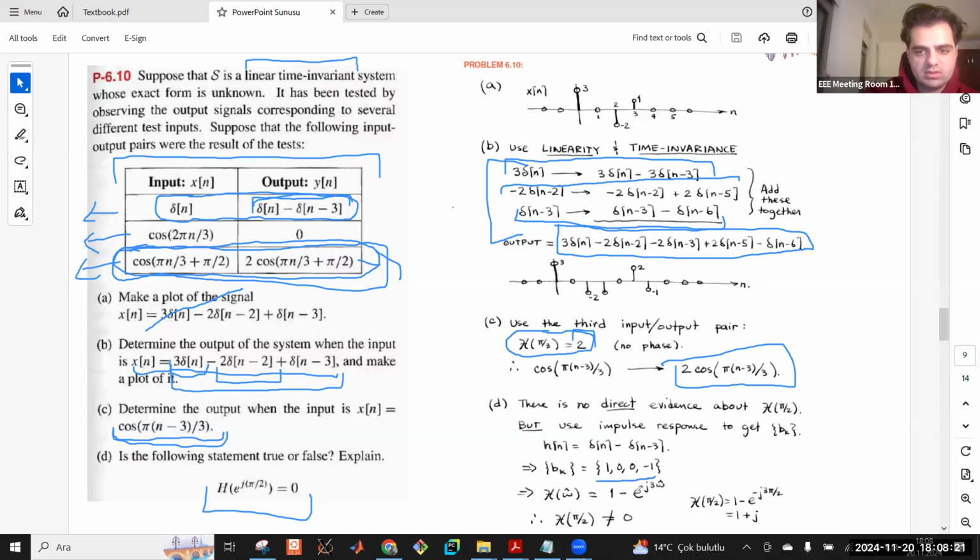Therefore, using these filter coefficients, we can find the frequency response. And when we insert pi over 2 for omega, we see that H of pi over 2 is 1 plus j, which is not equal to 0. Therefore, this statement is not true. It is false.